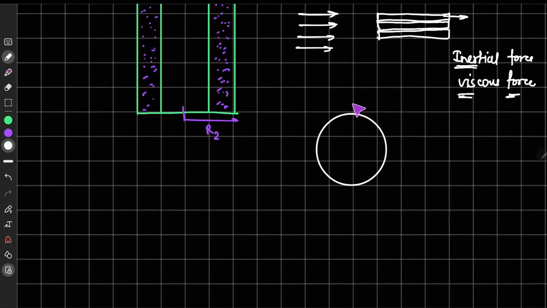We have the element like this at a particular location, let us say small r, and at these two locations we have a torque acting as T1, and in the inner part of this element we have a torque T2 in the opposite direction.